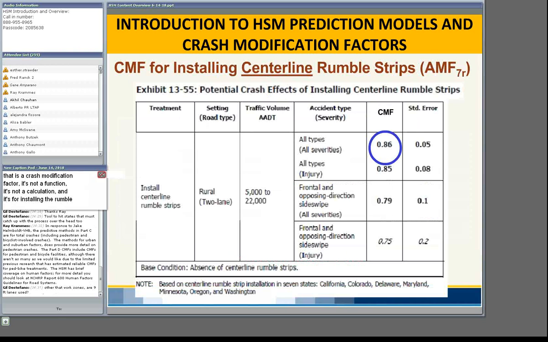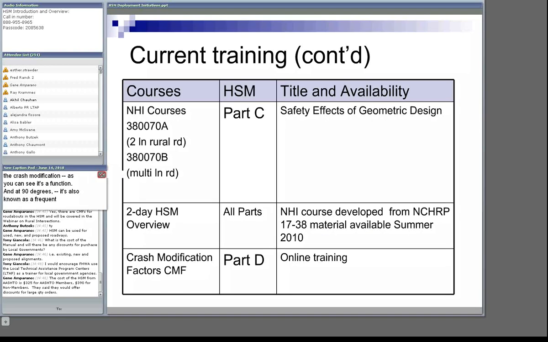We also have the safety effects of geometric design, which once the HSM is actually in everyone's hands in early July, they'll change the name to HSM practitioners courses, and then it'll cover two-lane rural roads and also multi-lane roads. Those two areas are also going to be covered in the two-hour seminars later on this summer. Well, I think it'll be next week. And Gene mentioned that in his presentation also.